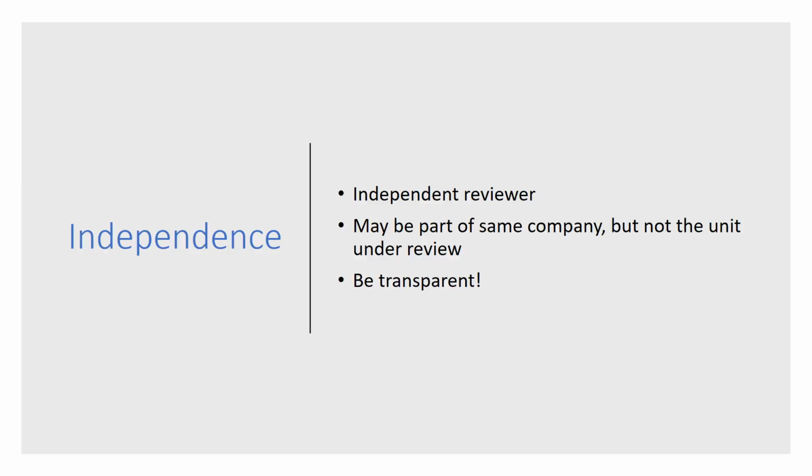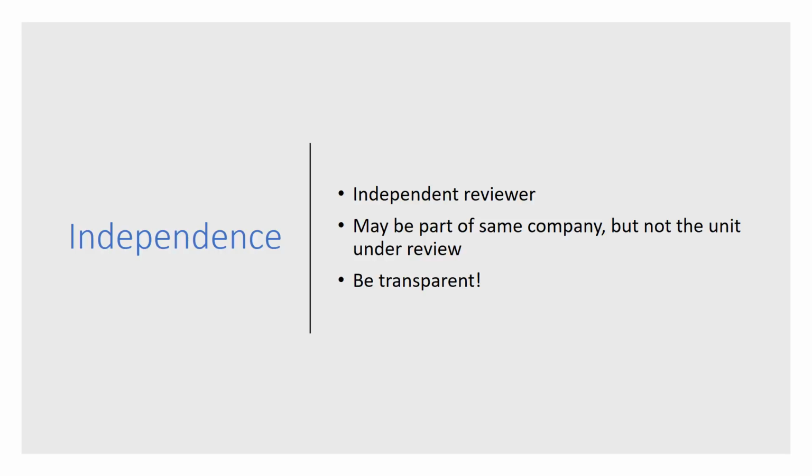Before we continue adding details to the scope, let's talk a bit about independence, as this is an important factor to consider to ensure that you get an objective and honest review. So, the review should be done by someone who is independent from the unit or company being reviewed.